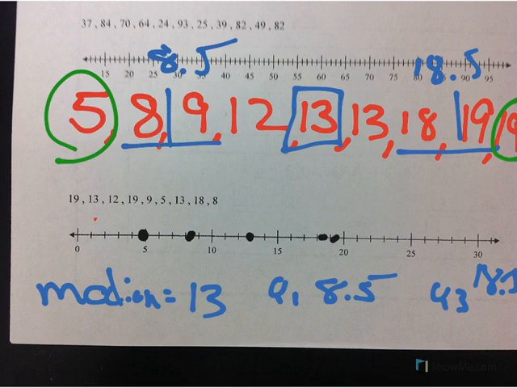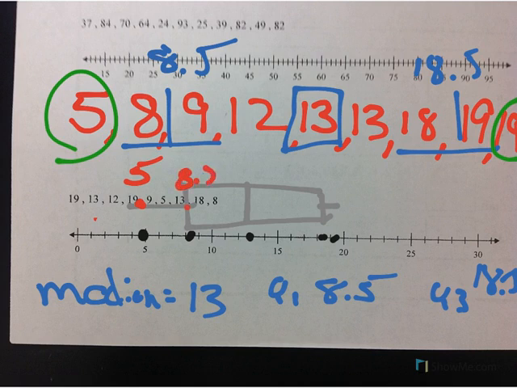So now that I know what these numbers are, I can draw my vertical lines for my median and quartiles. I can make my box, and then I can extend to the whiskers. So I know my lowest number here is 5. I know my first quartile is 8.5.